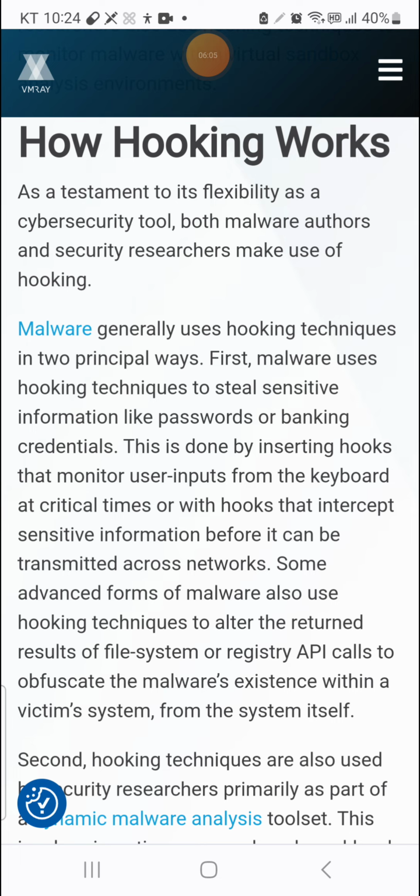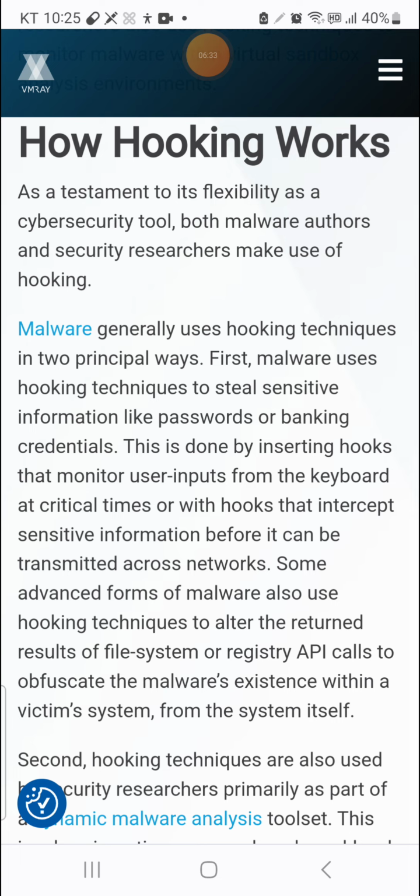First, malware uses hooking techniques to steal sensitive information like passwords or banking credentials. This is done by inserting hooks that monitor user inputs from the keyboard at critical times, or with hooks that intercept sensitive information before it can be transmitted across networks.